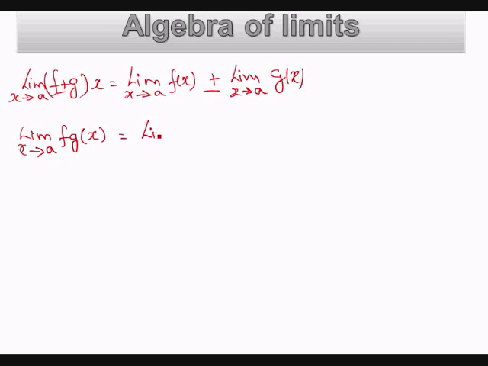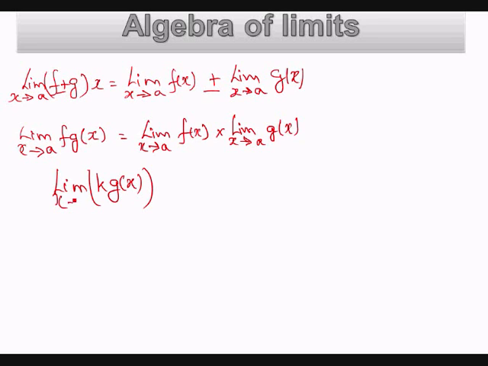You can just split the limits and write it as the limit of f of x times the limit of g of x. And in particular case, if f of x happens to be a constant, then we have the limit of k g of x, where k is a constant, as x approaches a, will be k times the limit as x tends to a of g of x.